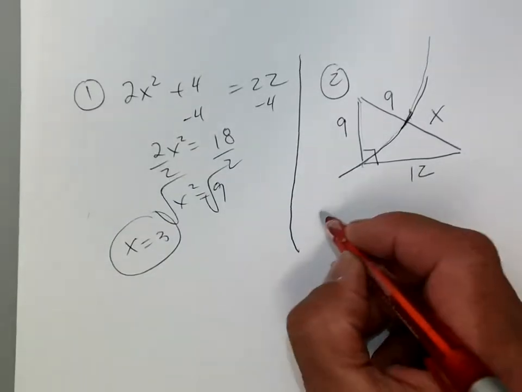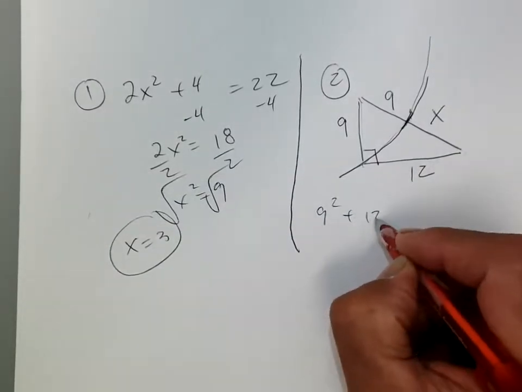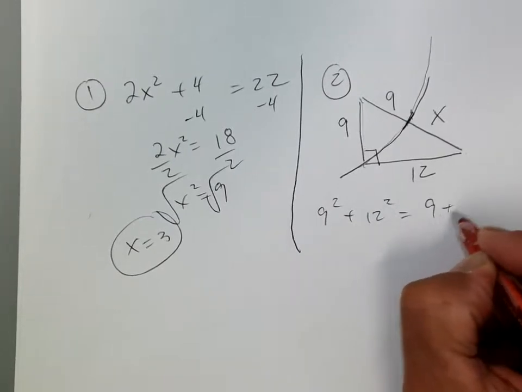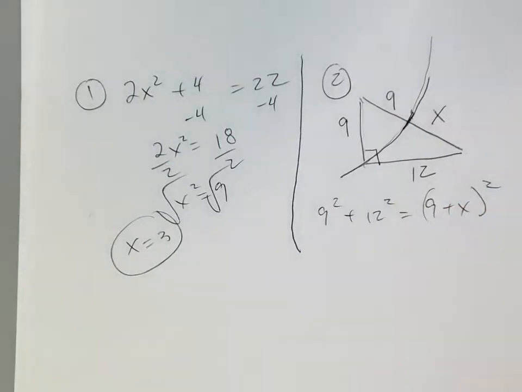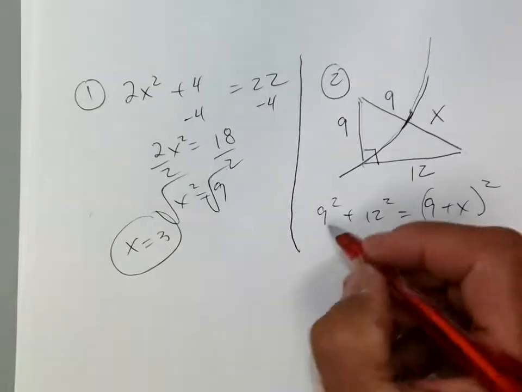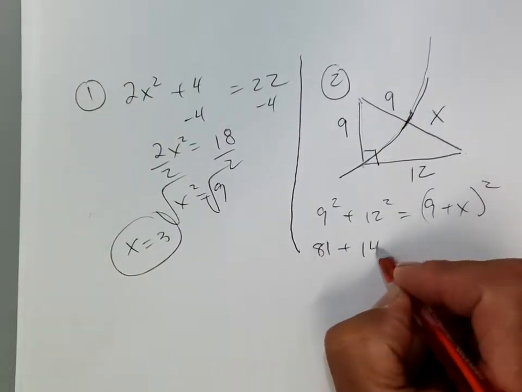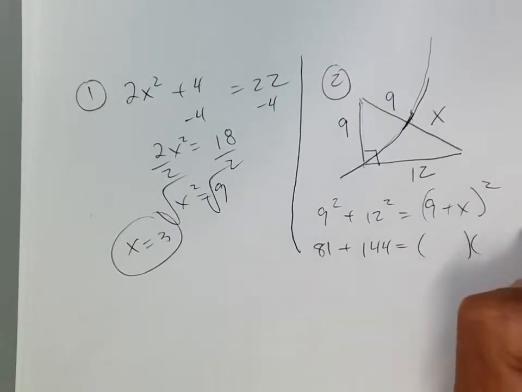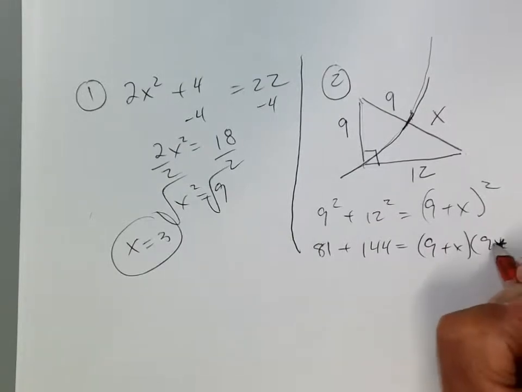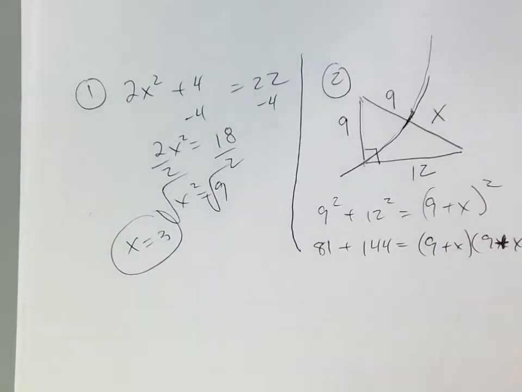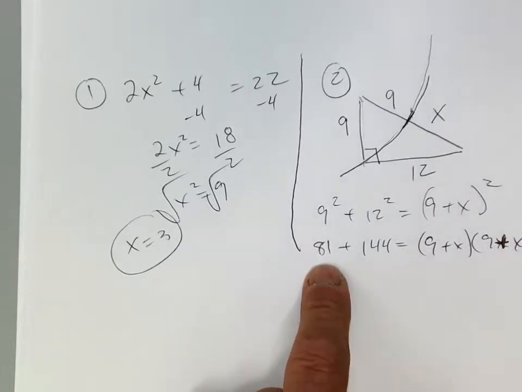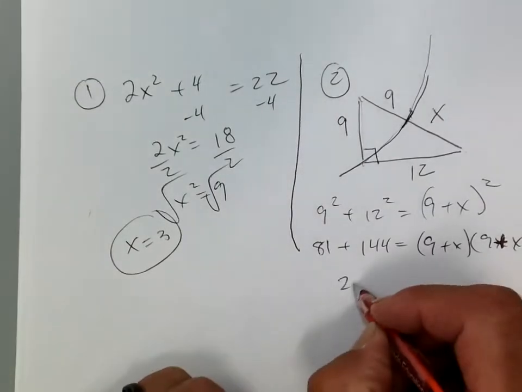Then 81 plus 144 equals, and just like Nick did on the warm-up, I'm going to write this twice and multiply it out. 81 plus 144 is 225.